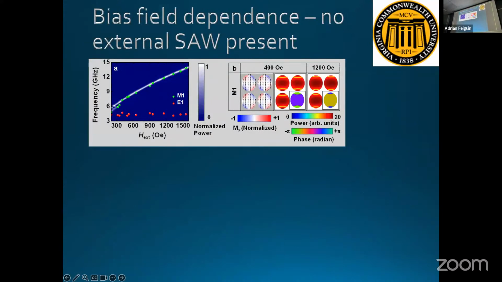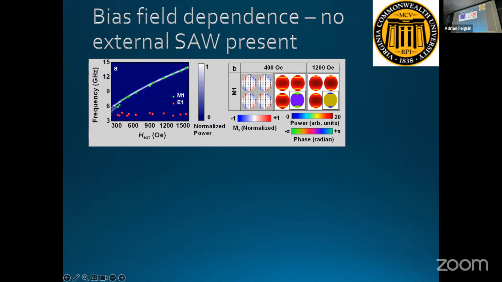So we plot both modes as a function of magnetic field. The dotted lines are experimental results, and the white curve is a theoretical fit that obeys exactly the Kittel relation. It tells us the mode at 9 gigahertz at 900 oersteds is a normal garden variety Kittel type mode.